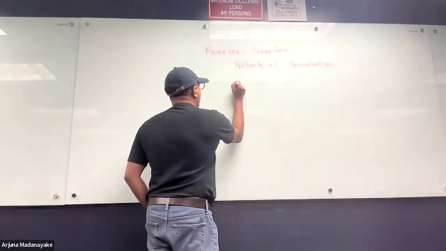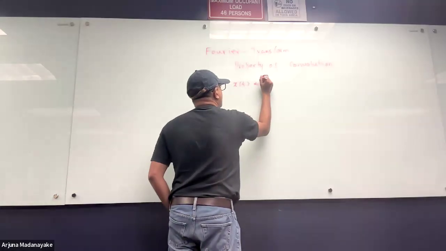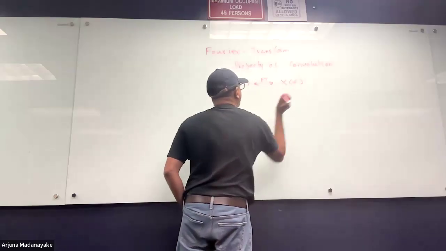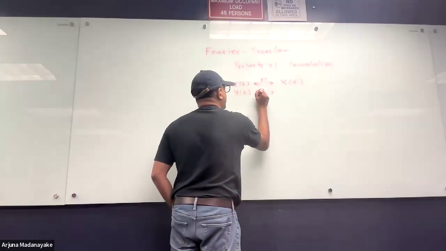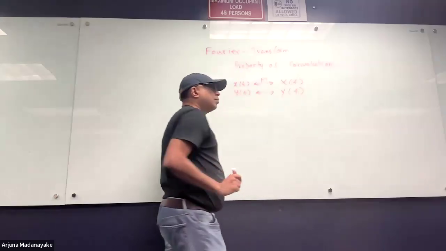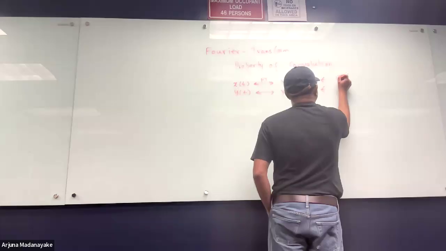Let's say we have two waveforms, x of t has a Fourier transform pair capital X of f. y of t has a Fourier transform pair capital Y of f, where these are complex functions.